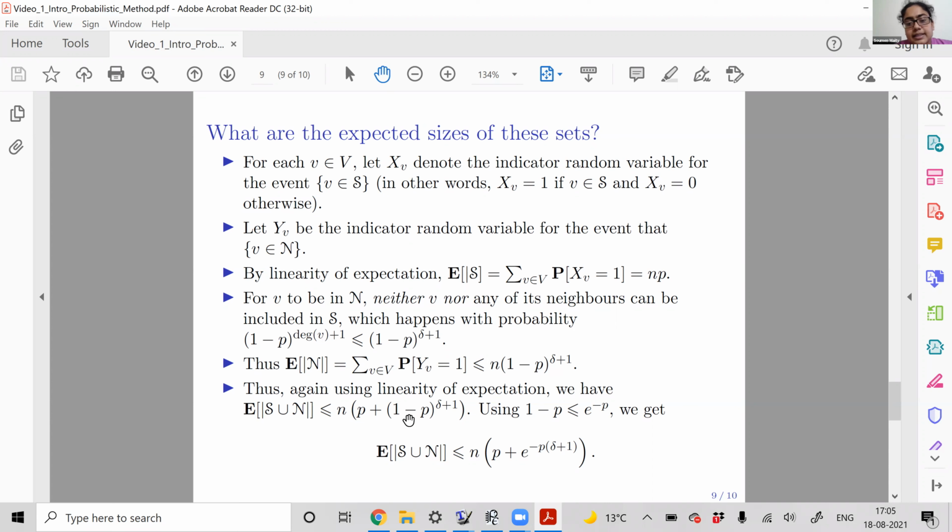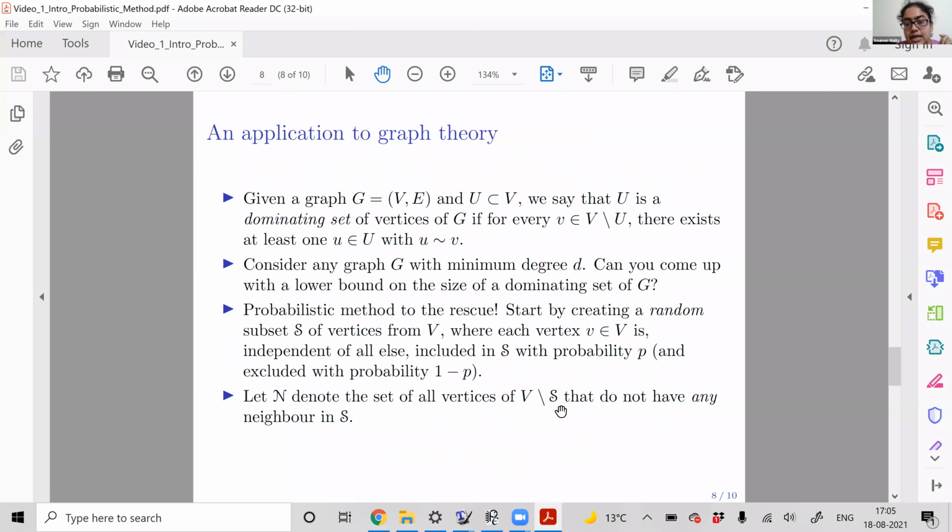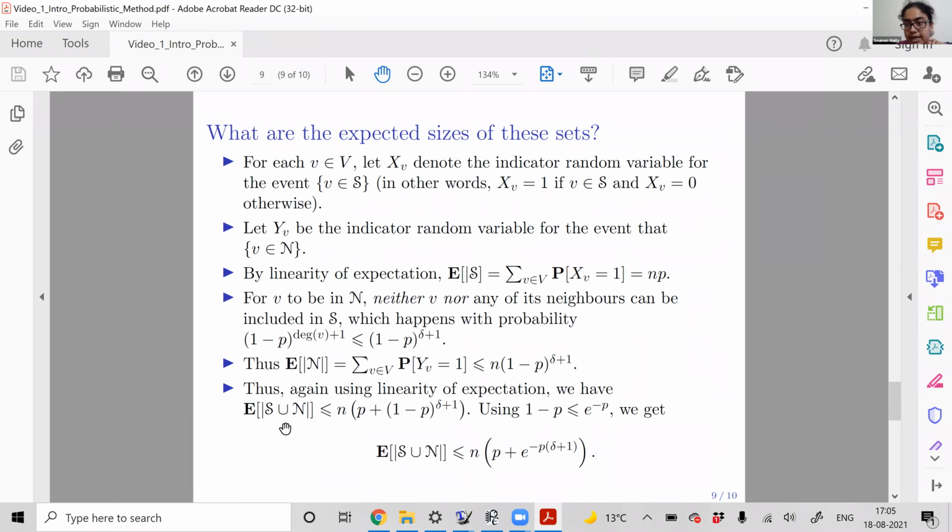And then again, we use linearity of expectation. Keep in mind, the way we define script N automatically tells us that it is disjoint from script S. So the cardinality of S union N is equal to the cardinality of S plus the cardinality of N, because they are disjoint.